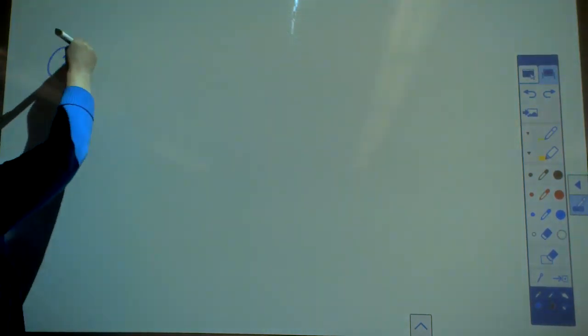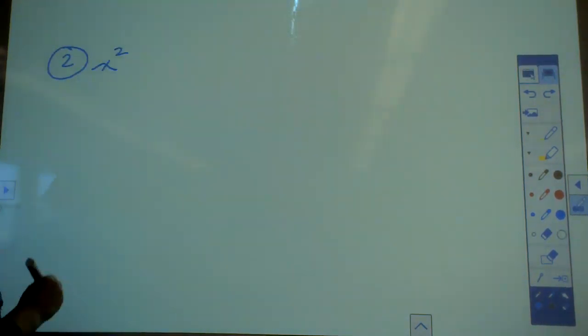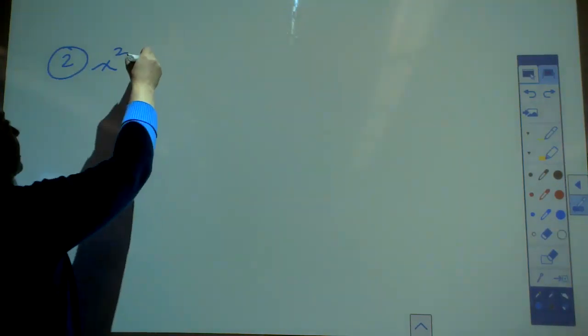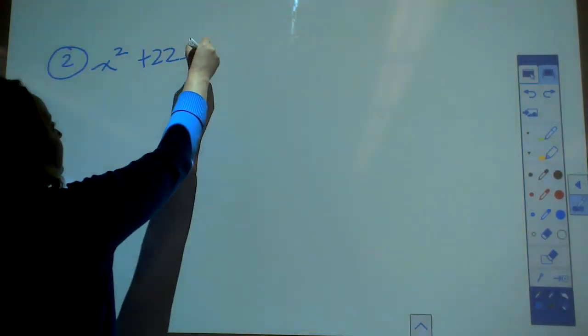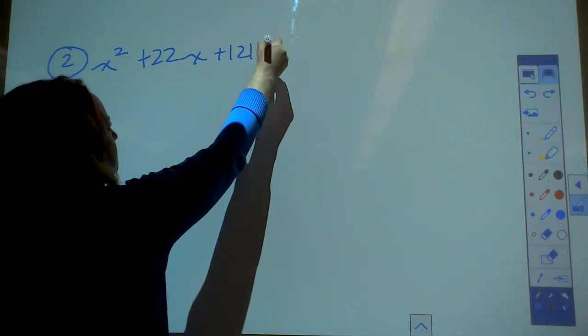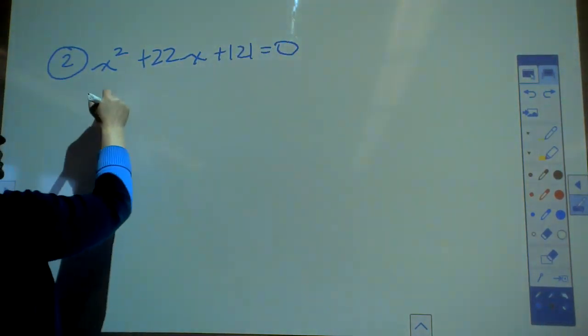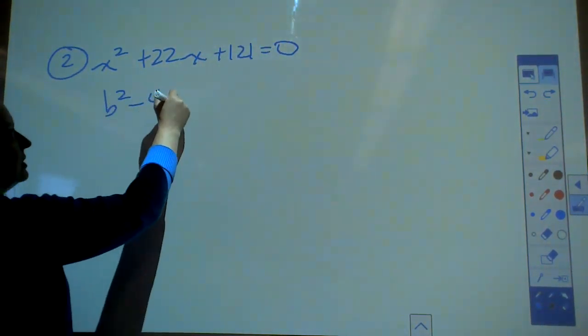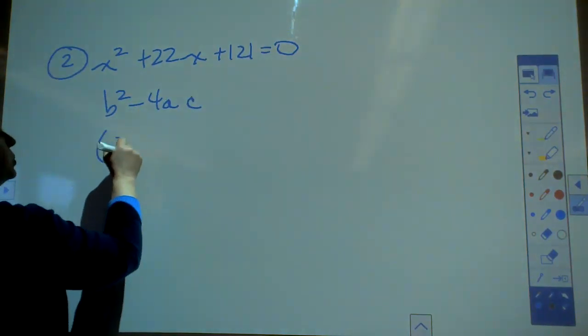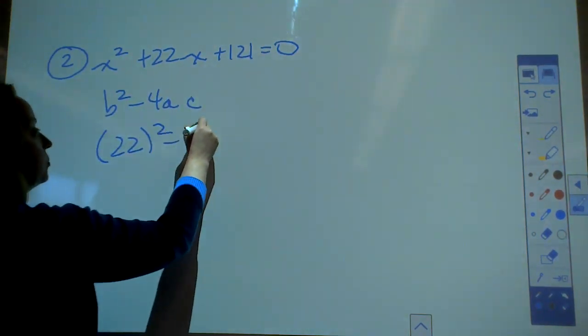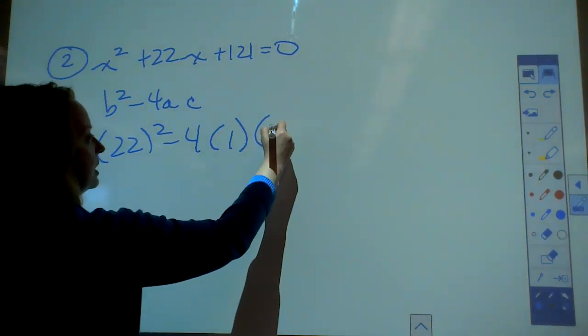So number 2. We have x squared plus 22x plus 121 equals 0. Okay, b squared minus 4ac, so that's going to be 22 squared minus 4 times 1 times 121.